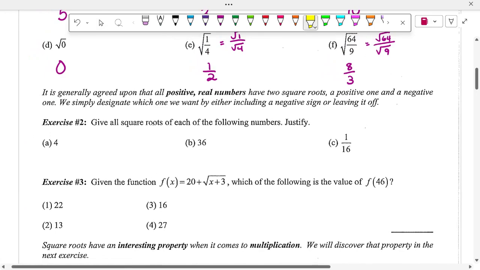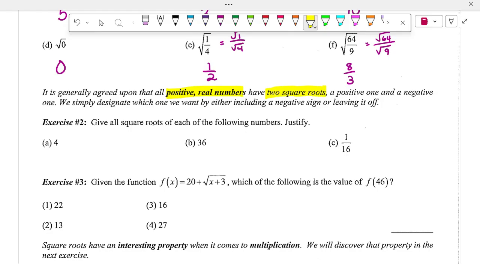So this is what Riley was bringing up when he was saying that we may need a plus minus. Typically, whenever we find the square root of a number, we default to the positive version. But technically, every square root has two versions, the positive and the negative.